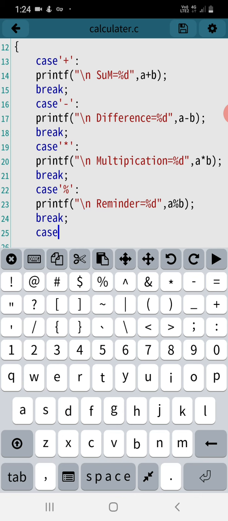Now the fifth case is slash, that's division.